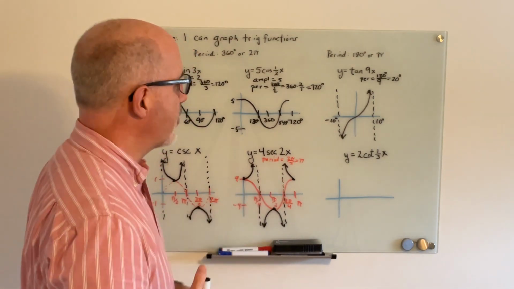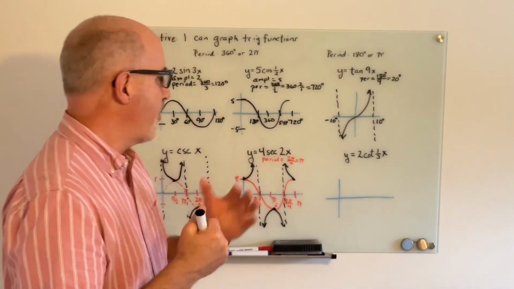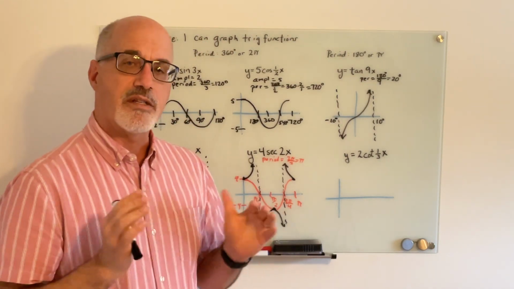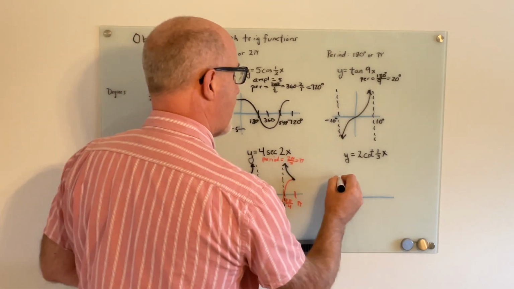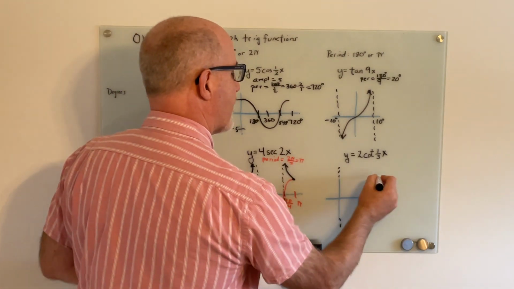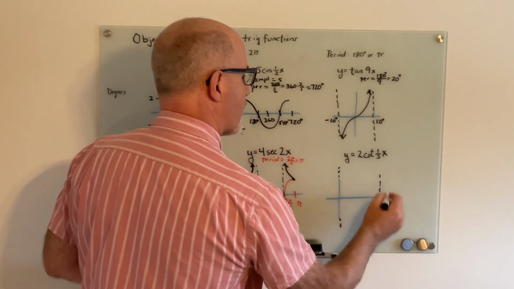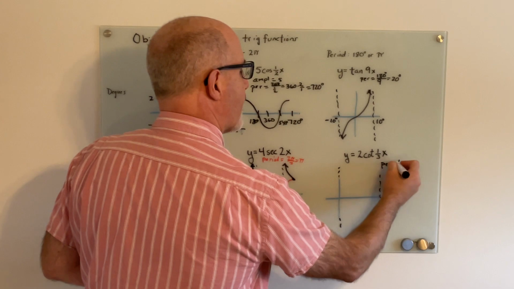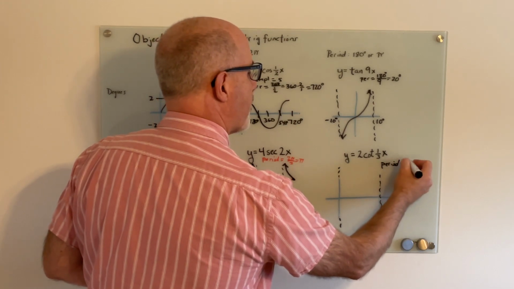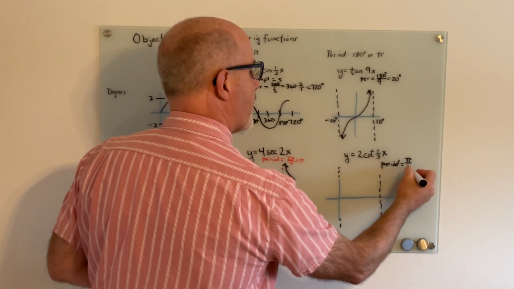All right, now let's do the cotangent graph. Looking at the cotangent, its period is pi. And cotangent starts with the axis being an asymptote, and then it goes out a full period for an asymptote. So let's see what the period is here. Now the period here would be pi over 1/3.